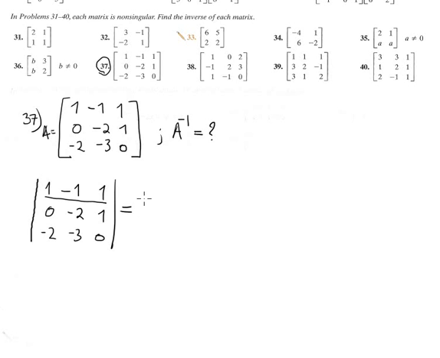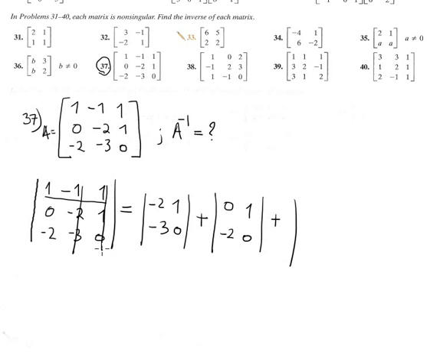Is 1 times this determinant is minus 2, 1, minus 3, 0, plus, because it's negative and negative is positive, and when you expand this, we have 0, 1, negative 2, and 0. And the last is 1 again, is plus, determinant is 0, negative 2, negative 2, and negative 3.